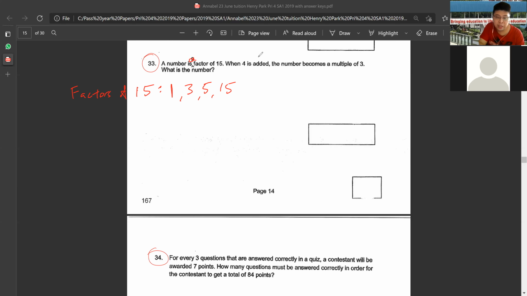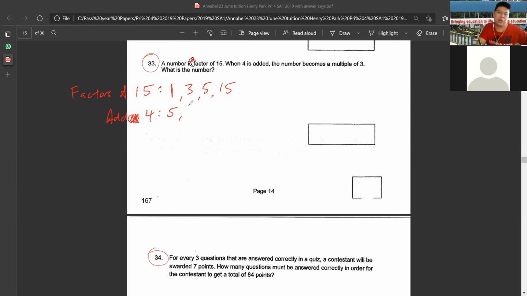Then when 4 is added, right? So I add 4, what do all these numbers become? I add a 4, what does 1 become? 1 plus 4 is how many? 5.